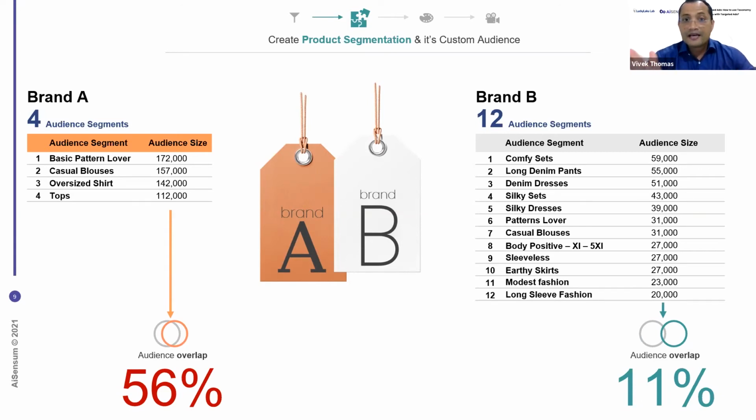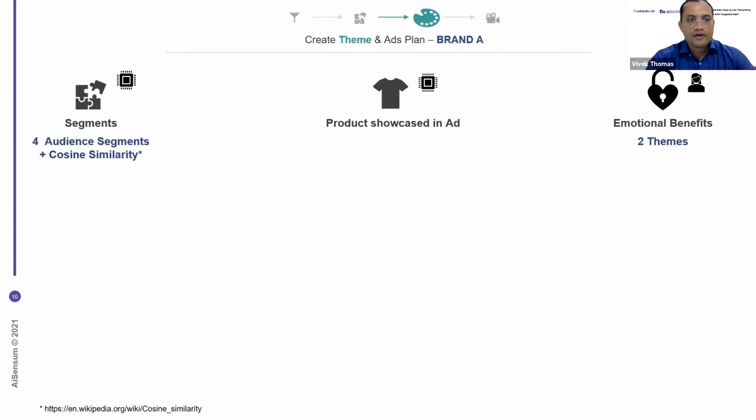This is important because when you run ads, especially on Facebook or any of the other social media platforms, if you run 2 ads and you have a high audience overlap, your ads tend to compete against each other, and therefore the effectiveness of your ads reduces. Of course, the digital platforms would love it if you compete against yourself and spend more money. But if you want to make better sales, you need to find these unique or non-overlapping audience sets. Okay, now let's move forward.